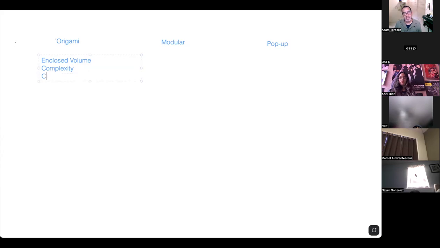And then craft. The third most important thing is craftsmanship. I'll be looking at how there's detail, and I'll make sure that there are complete folds and a composition, right?